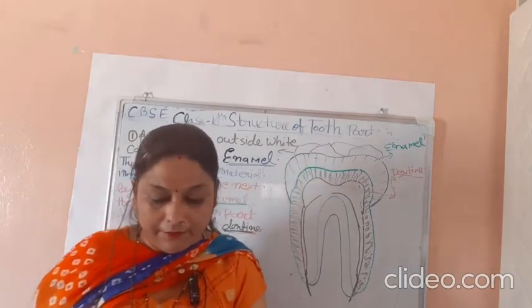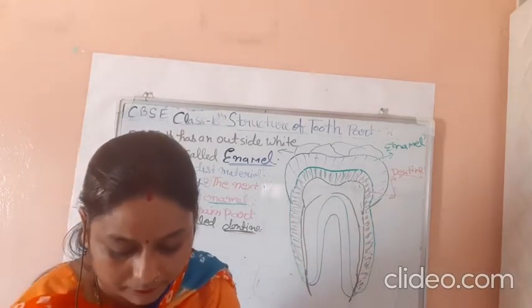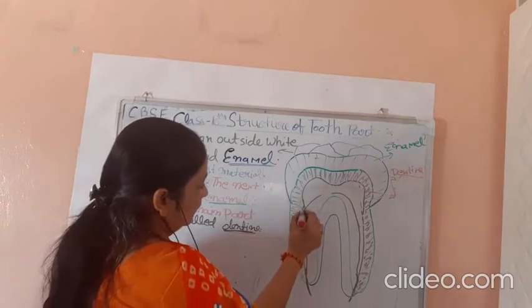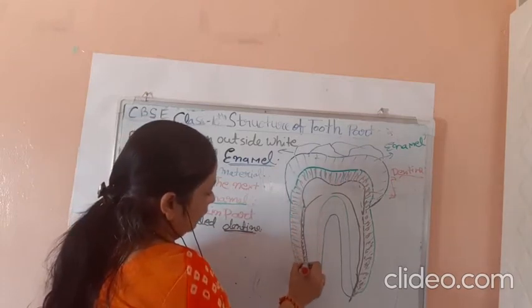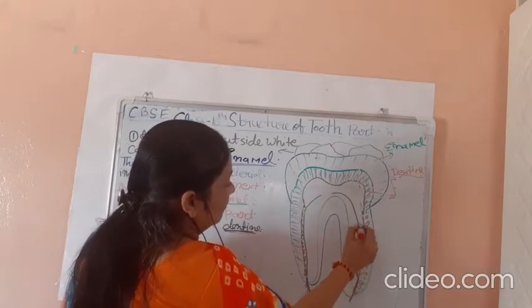Next, we come to the point: the center of the tooth is called pulp. The center of the tooth, you can see on your screen, is called pulp.